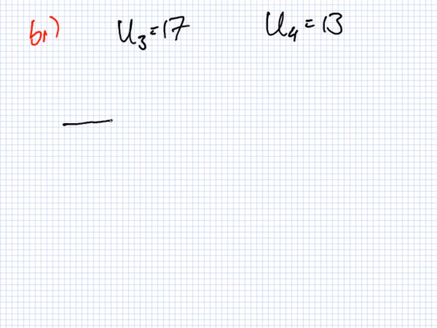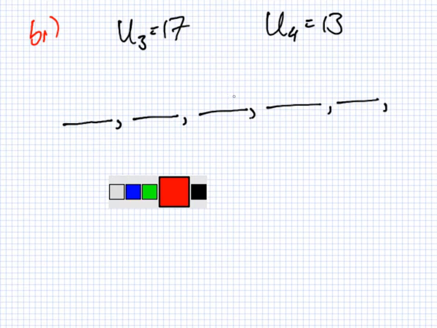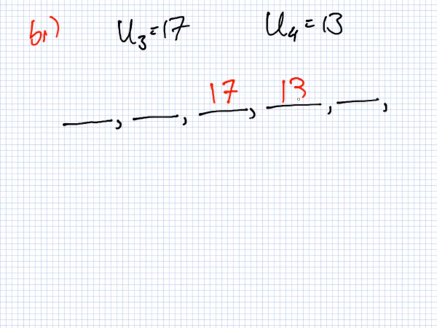So you have first, second, third, fourth, fifth. Now there is a way to do this, but because it's so easy, I don't even think I need to do any special formulas, because you know that the third term is 17 and the fourth term is 13.